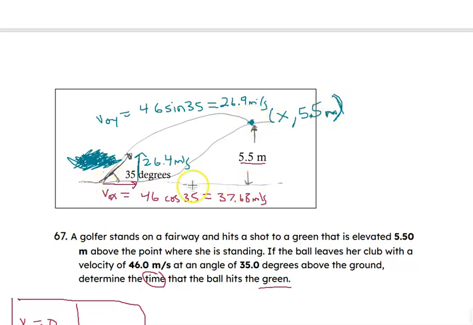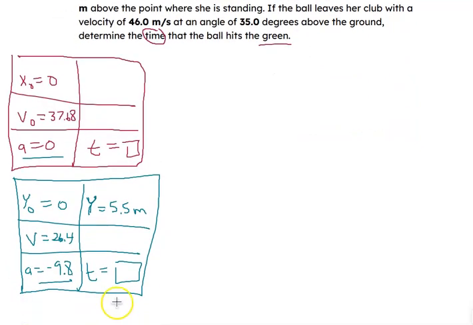Just assume that the horizontal works out. That's what you know. So let's find out when the projectile was 5.5 meters high, which means I know more about the vertical. So you're going to do your vertical column.